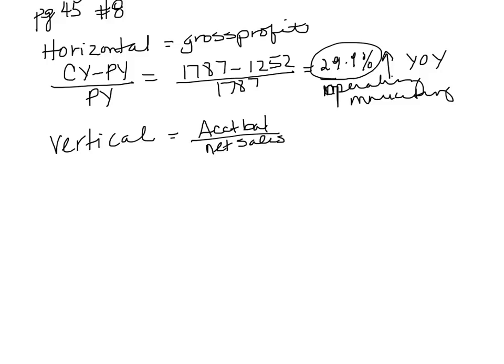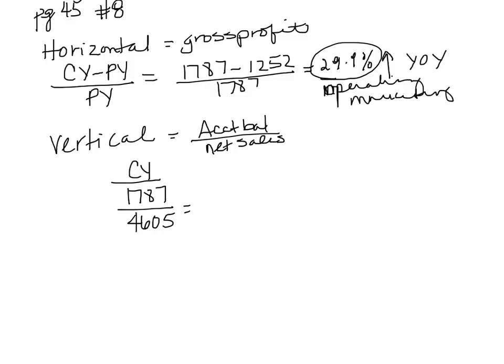So if we look at the account balance for the current year, we have 1787 divided by net sales of 4605.